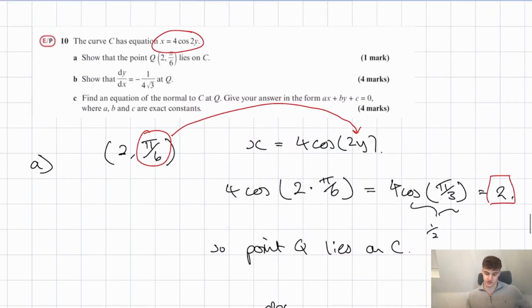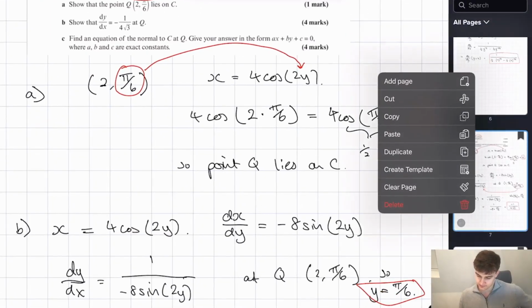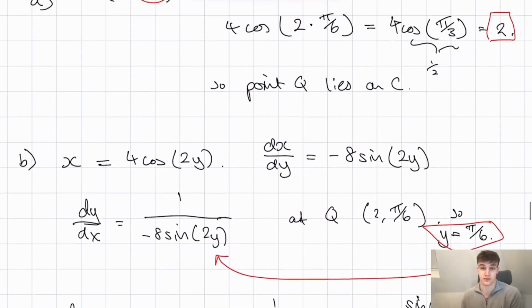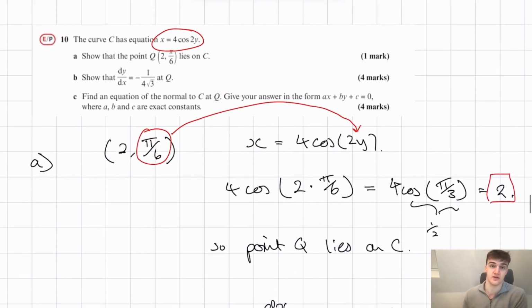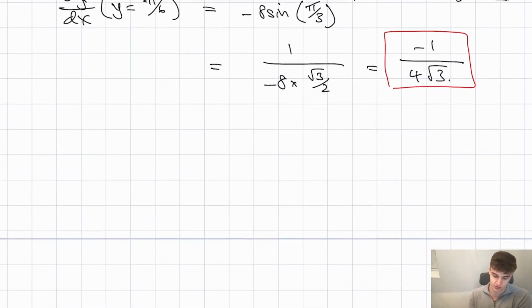Okay, so part C, find the equation of the normal to C at Q. Give your answer in that form, where those are the exact constants. Okay, so let's make a new page. Little bit annoying that we have to do all this now, but relatively straightforward still. So we want the normal to a curve.